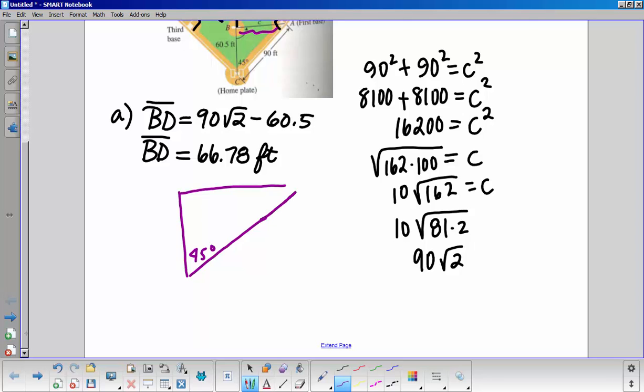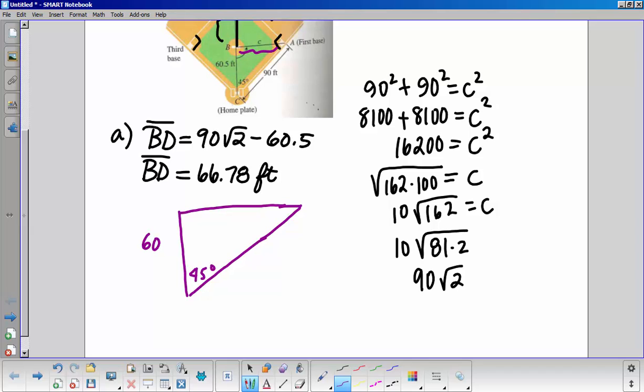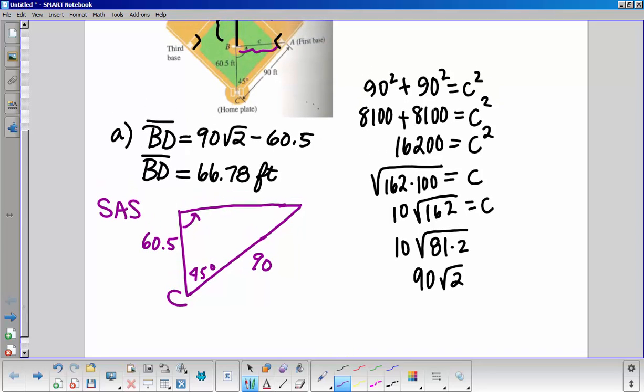But I know that this is 60.5, and I know that this is 90, right? So what kind of triangle situation do I have, congruence theorem wise? Side angle side. So if I wanted little side C, and this is B up here, and this is A.